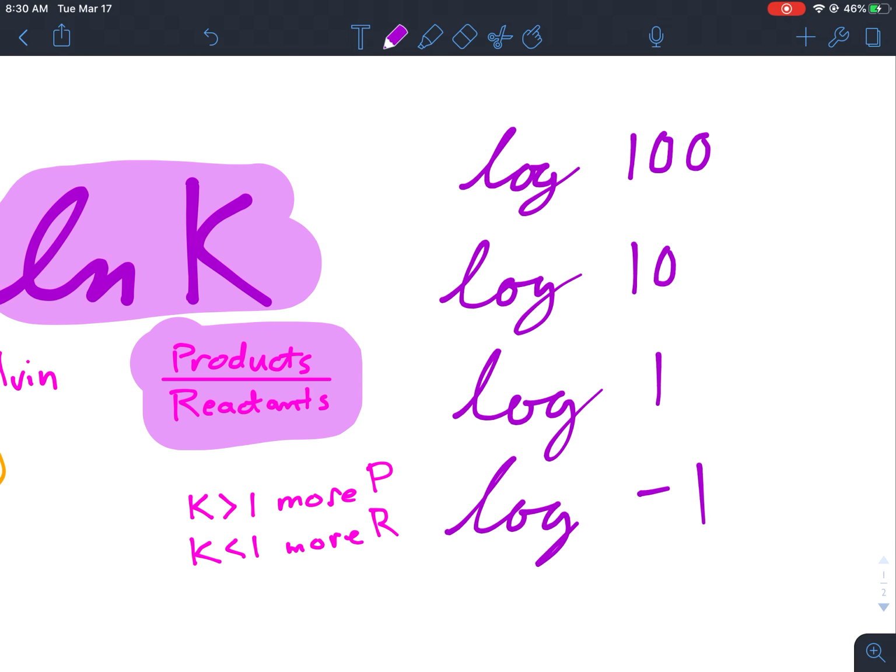Well, if you take the log of 100, you will get 2, because this is saying 10 to the 2 is equal to 100, right? If you take the log of 10, you will get 1. If you take the log of 1, you will get 0, okay? Now, if you take the log of -1, you will get an error, okay?